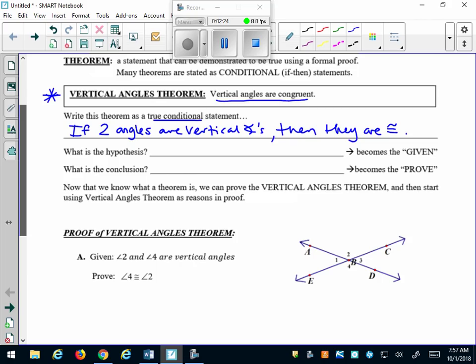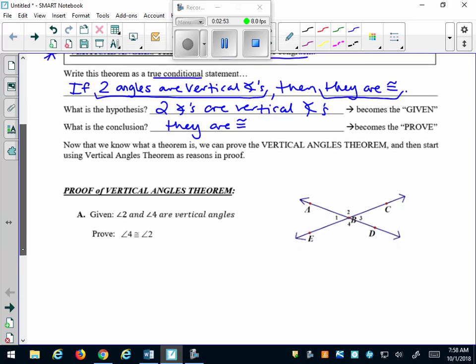Okay, so if we do write it as a conditional, we can identify the hypothesis and conclusion. The hypothesis is two angles are vertical angles, right? The hypothesis is the part that comes between the if and the then. The conclusion is they are congruent. And remember, we don't include the word if or then when we're asked for the hypothesis and conclusion.